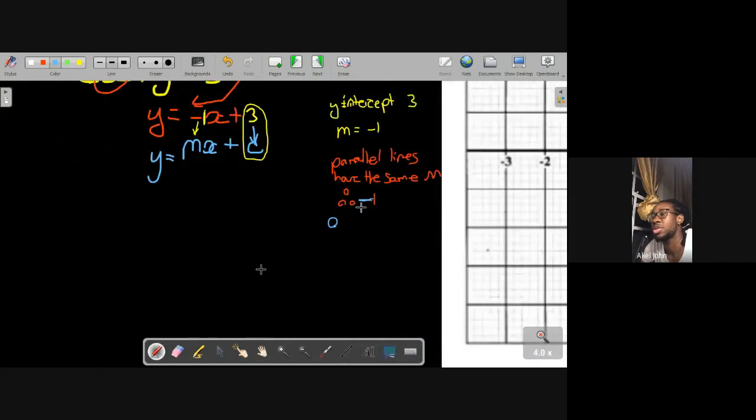Since it passes through the point of origin, the points would be 0, 0. So x is 0 and y is also 0. At this point, we're just going to simply substitute the values.